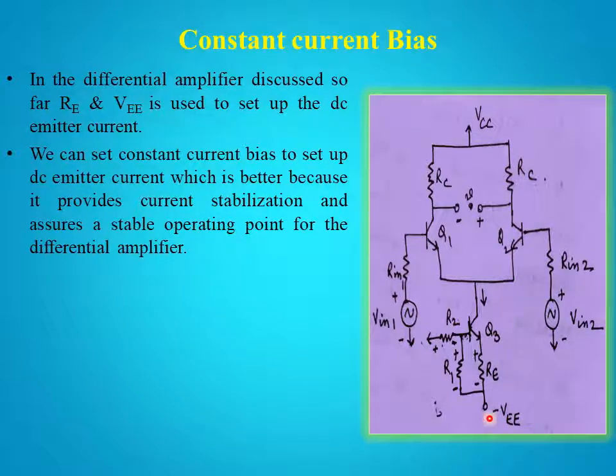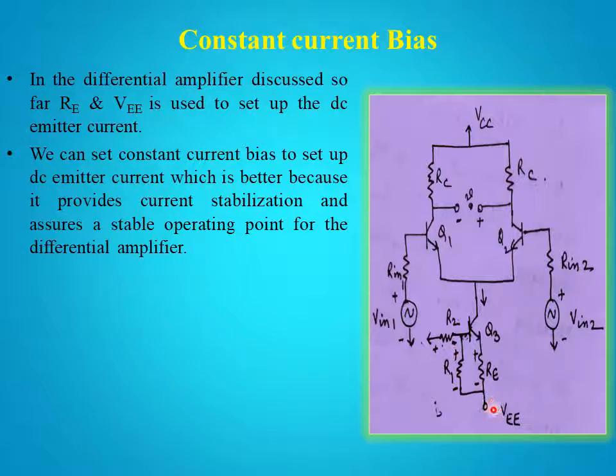This was the emitter bias. Now we have added an additional transistor Q3 and two resistors, R1 and R2, and this circuit along with RE and VEE makes the constant current bias. So what is the need of this additional circuit? We'll discuss here how it is better.